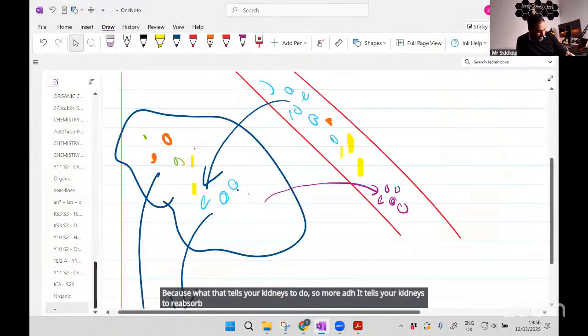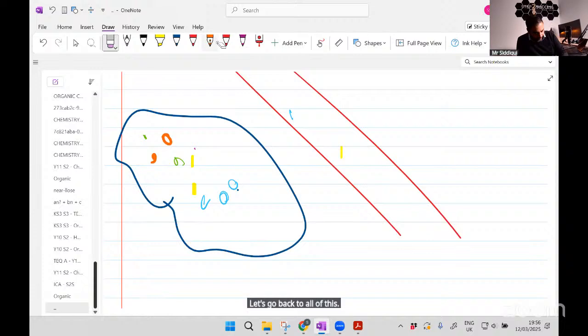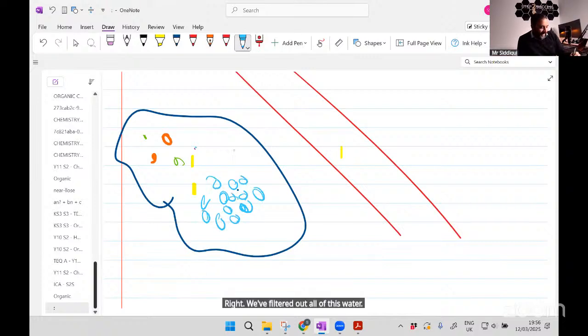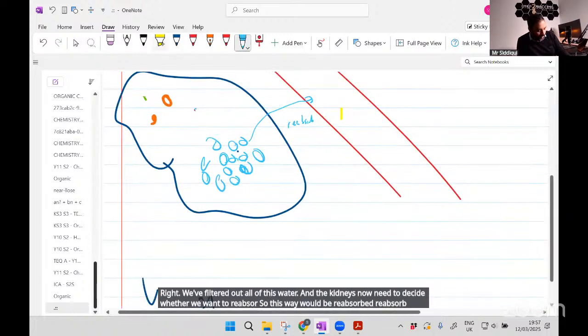So at this point here, let's go back to all of this. We've filtered out all of this water, and the kidneys now need to decide whether we want to reabsorb the water back into the blood, or send it to the urine.